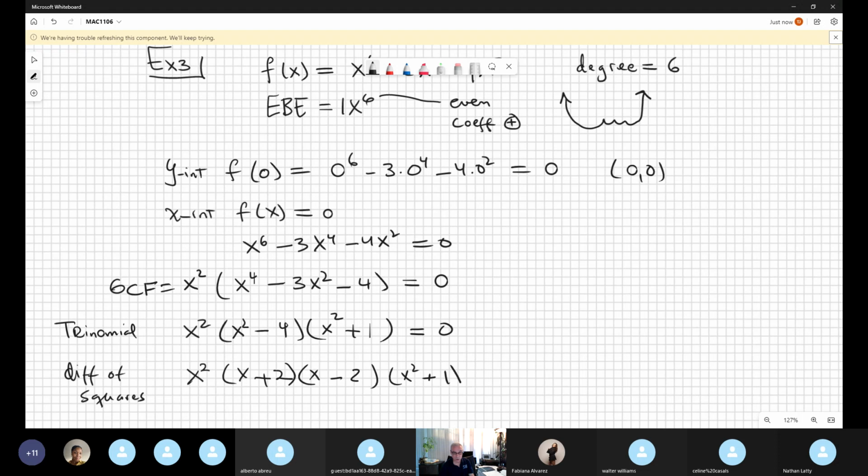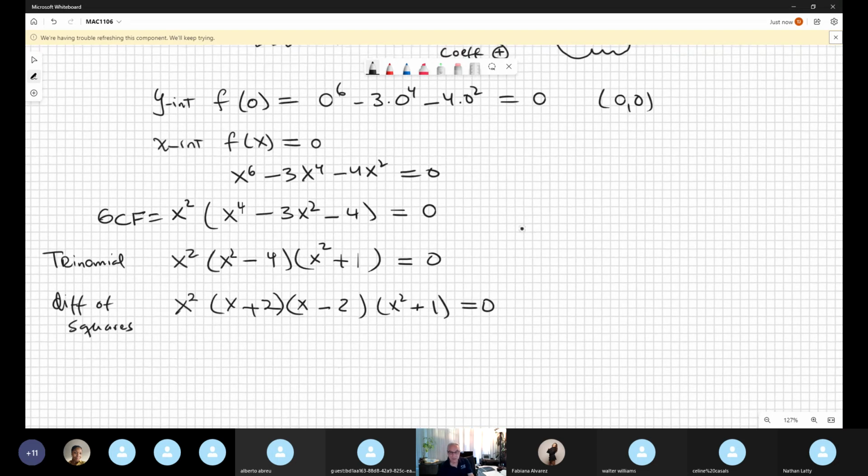Unfortunately, we can't do anything with this expression, x squared plus 1. Suppose that I try my best to find the solution. I move the 1 to the other side and apply the square root to say x equals plus or minus i.